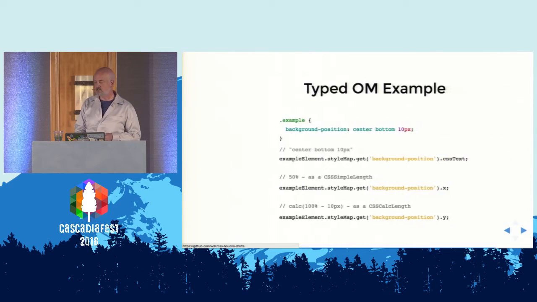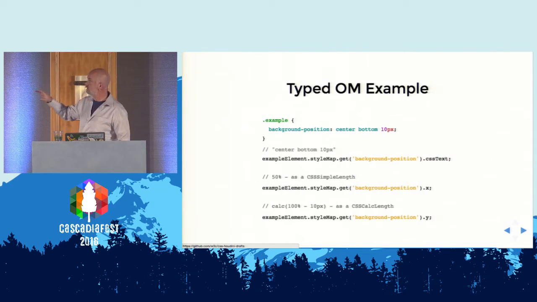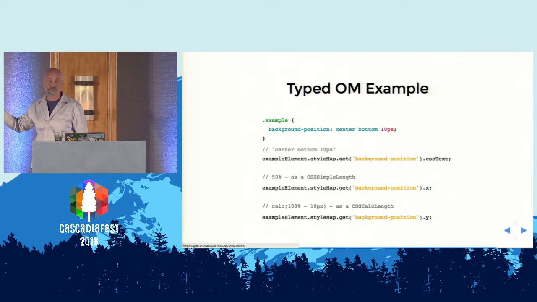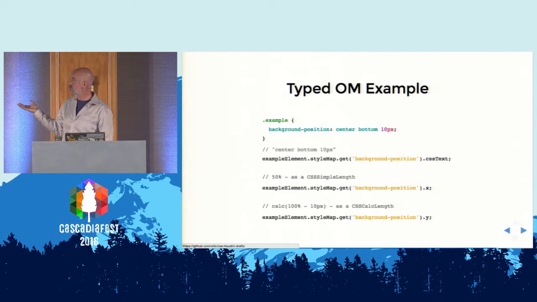So just as a short example, this is a bit of the typed OM where you have a background position value where the current object model just gives you a string, center, bottom, 10 pixels. And if you want to go modify the 10 pixels bit, you have to have some string parsing to go figure out where that length value is and what units it's using and strip off the units and increment the 10 and then put the units back on and then put it in the right place in the string and send the string back.